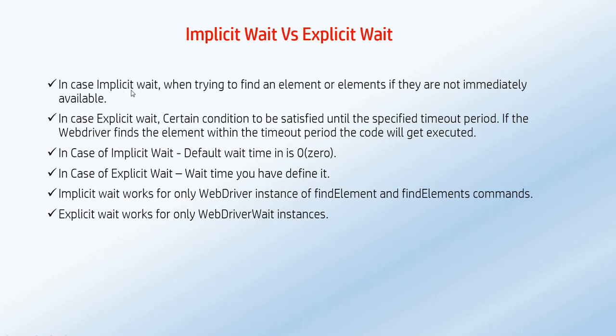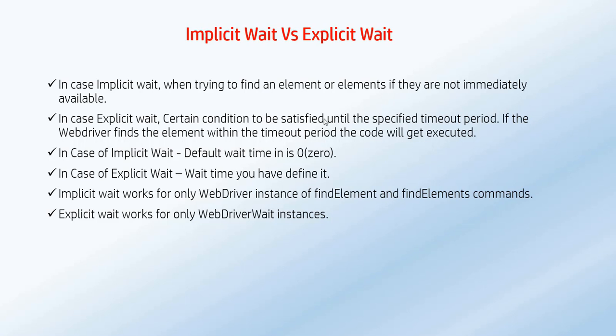First case, implicit wait: when you are trying to find any web element or elements and they are not immediately available. Say for example, a page got loaded and suddenly you are not able to find any web element or elements. Such a time you can use the implicit wait. In case of explicit wait, you use it whenever you are waiting for certain conditions to be satisfied before that time period.